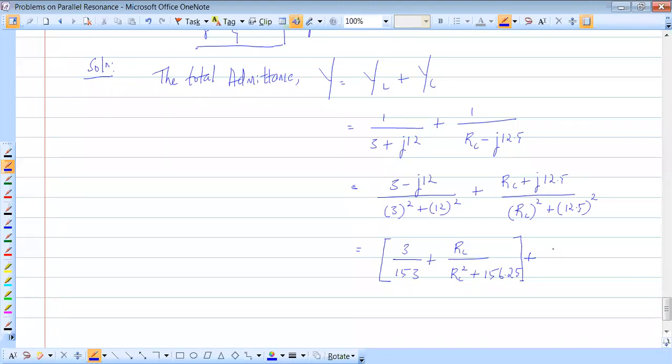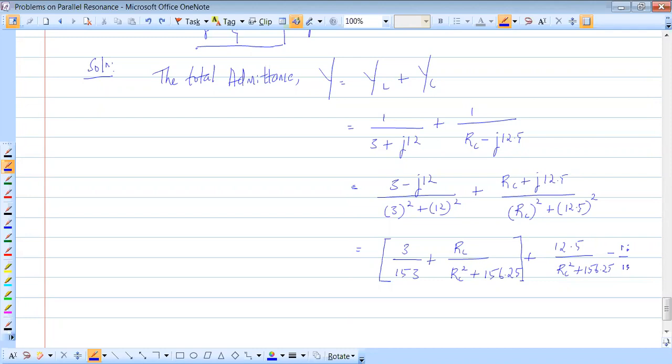Equal to 12.5 divided by RC squared plus 156.25, minus 12 divided by 153.